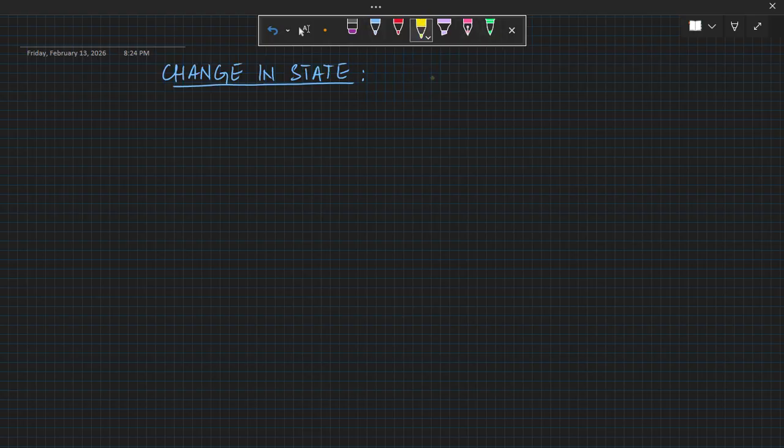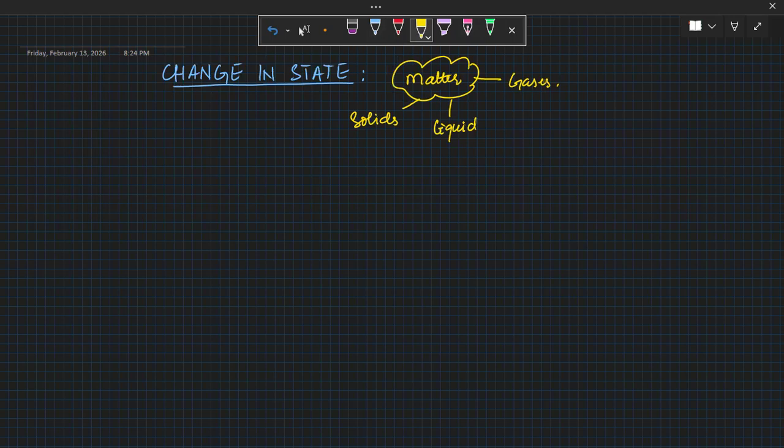Water in the liquid state does not have a fixed shape, whereas the solid has a fixed shape and fixed volume. Liquid has a fixed volume but no fixed shape, and a high density, and it is incompressible.